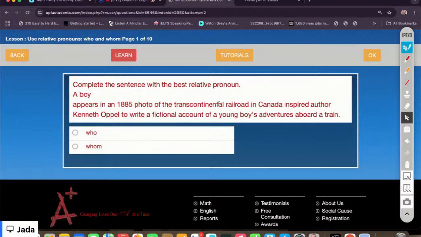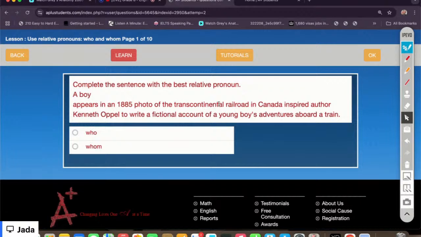So we have this one. A boy that appears in an 1885 photo of the Transcontinental Railroad in Canada inspired author Kenneth Oppel to write a fictional story of a young boy's adventure aboard a train. So, is it who or whom?